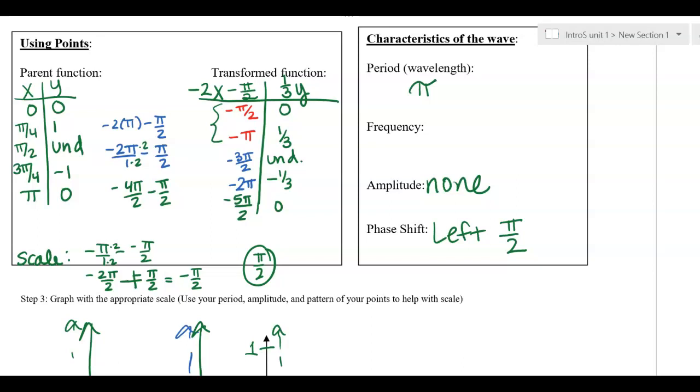So this graph was horizontally stretched, right? The x's were times by 2. Okay, we see that there. That's exactly what we want to happen with our period. So then we get 2 pi. Okay, and then I should automatically know the frequency. Then I would consider the frequency to be 1 over 2 pi, the reciprocal of that. Okay.